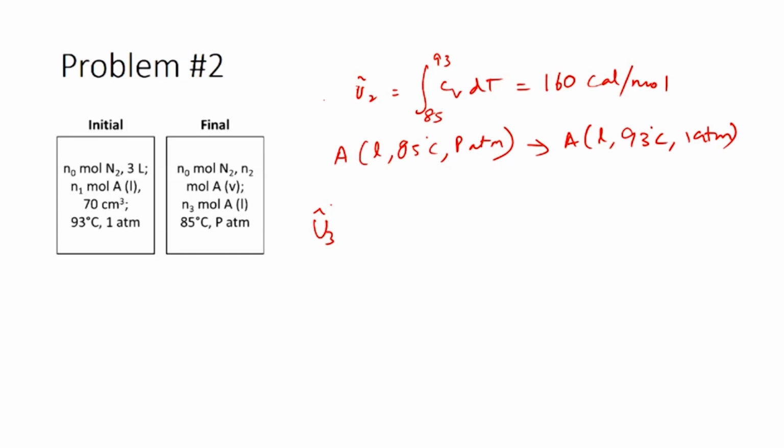If you remember, we have looked at this and we have identified that delta H cap V would be equal to delta U cap minus RT. The problem gives you delta H cap V, the enthalpy change associated with vaporization. However, in these calculations we are using internal energy. So, we need to find out what would be the internal energy change associated with the vaporization process.